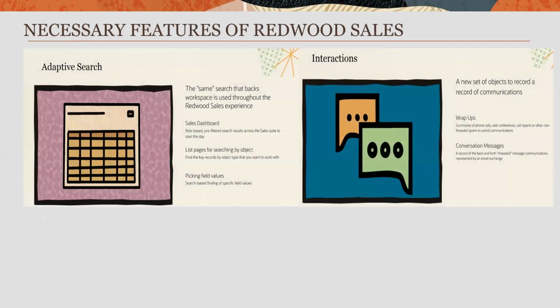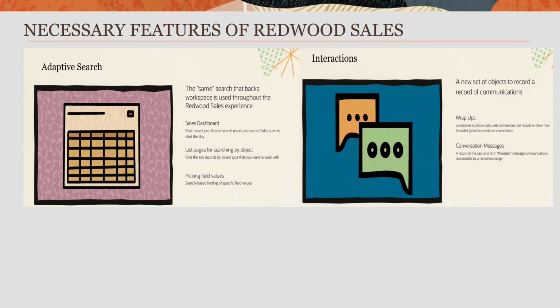Now, for enabling Redwood Sales, we need some key setups. The first is adaptive search. This is a must, because adaptive search is nothing but workspace setup. So in CX Sales, we have what, workspace or adaptive search, right?